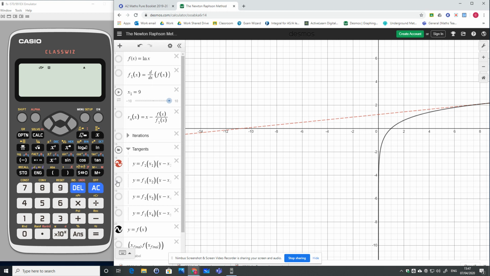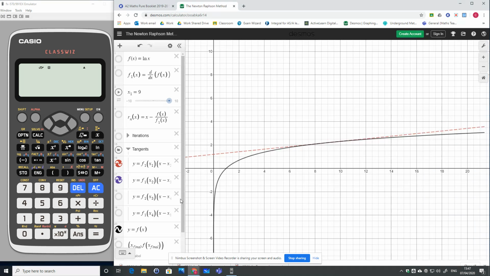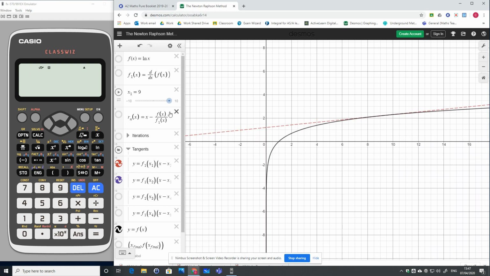If we were to put the next one on, we're not going to see it, because when I substitute that x value in, it's about minus 11, on the log graph I can't calculate that anyway, and therefore I'm not going to be able to find a solution. So in this case, the Newton-Raphson method has failed because I've not been able to get close to that value.